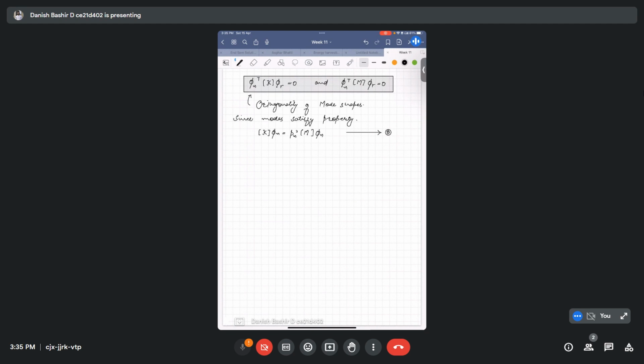So if I pre-multiply it by phi r transpose, from both sides we will multiply by phi r transpose: phi r transpose k phi n is equal to p n square.